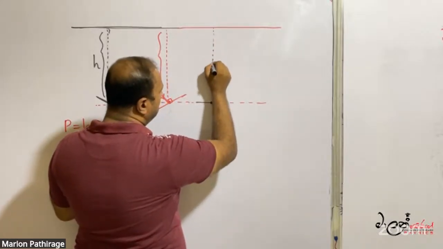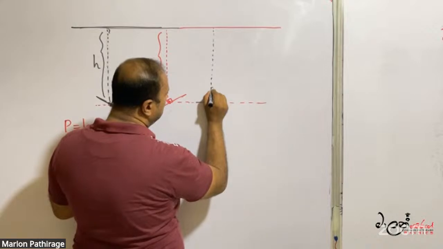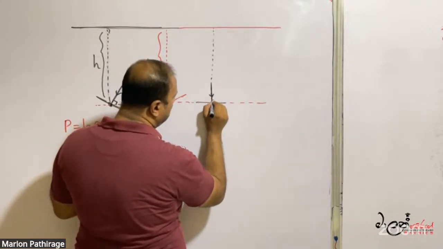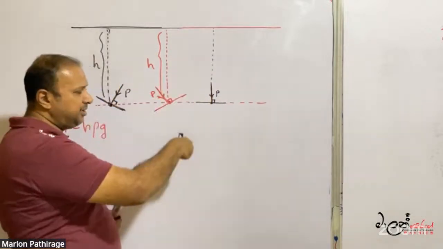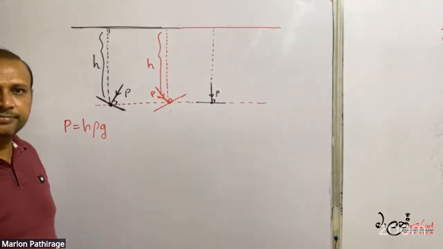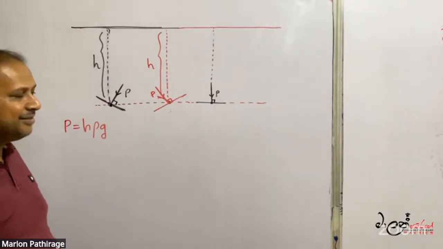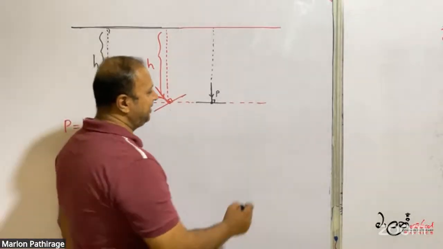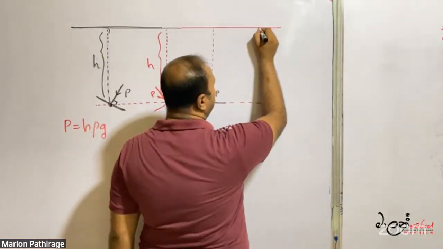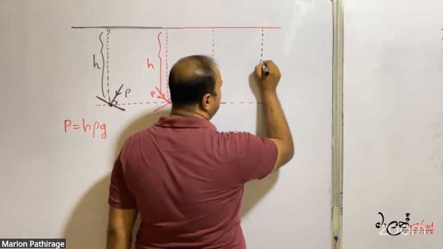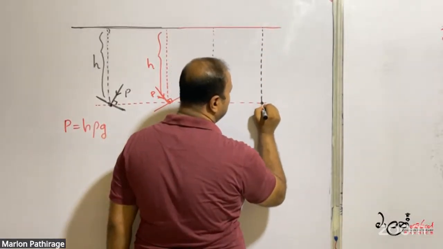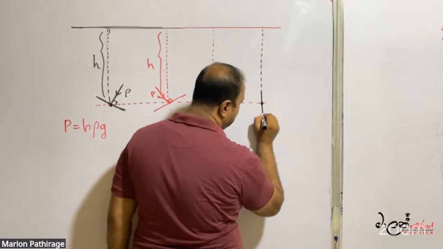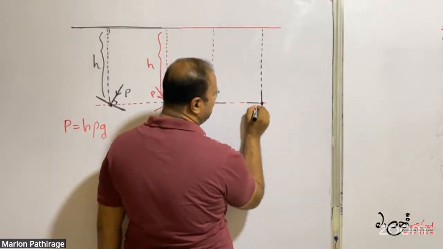Now pressure is in this direction. Or if I keep this object like this, now pressure can be exerted in both directions.